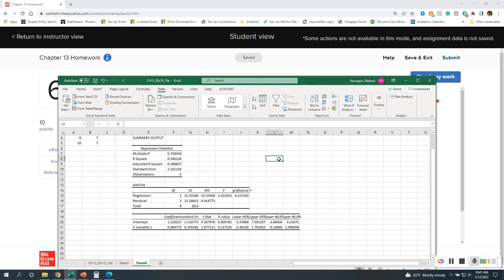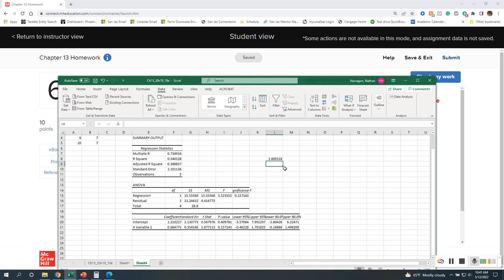Let's just use the formula here. So it equals the intercept plus 4 times our x variable, or slope.